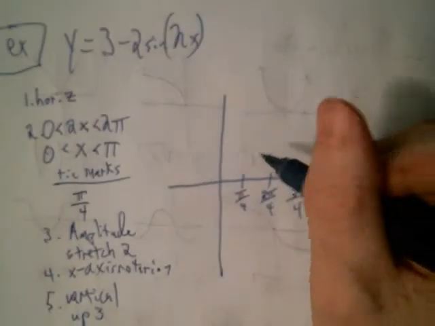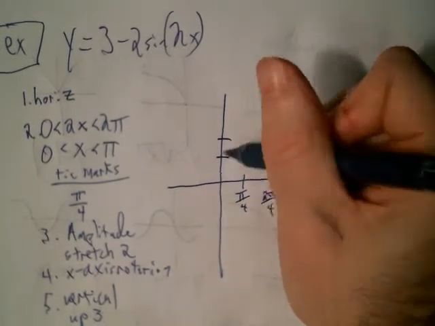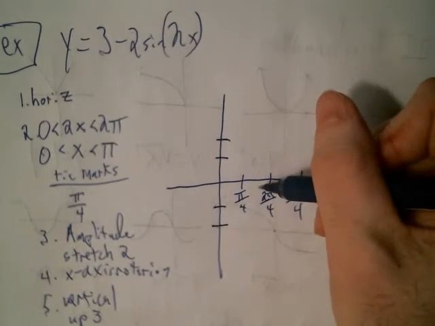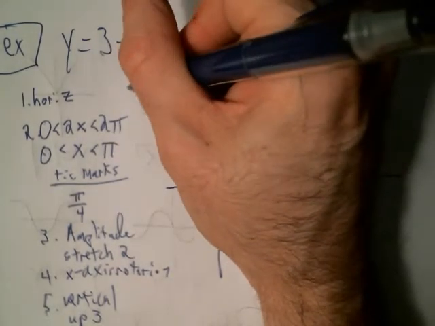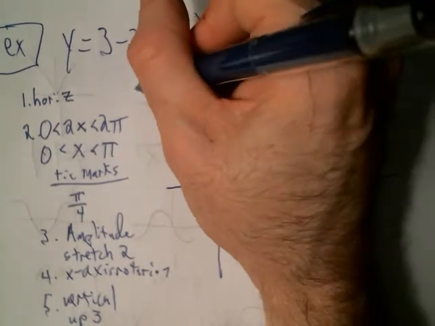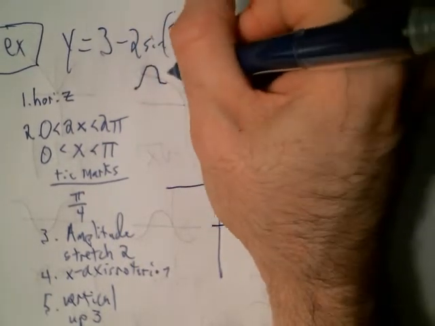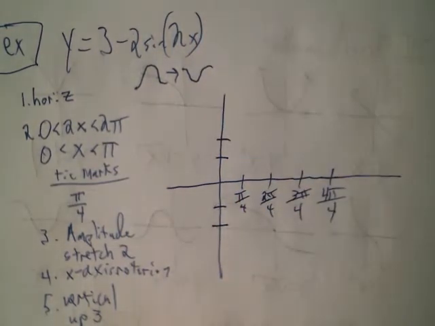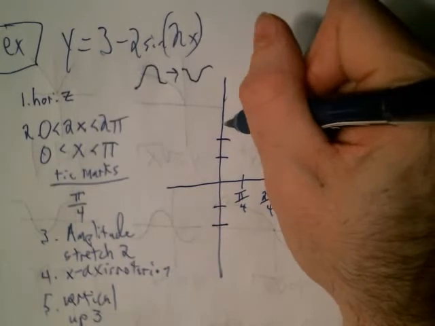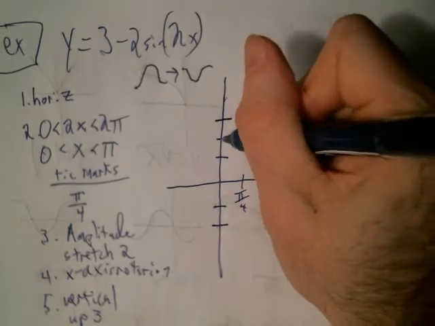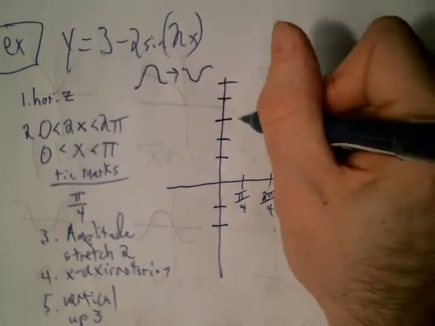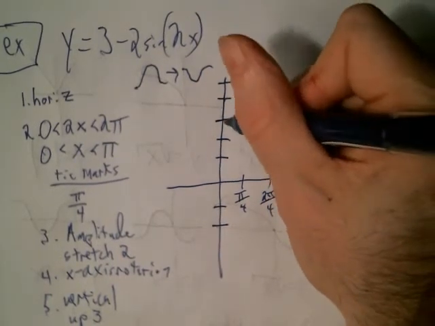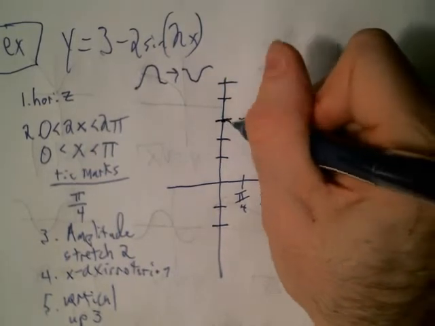Looks like the amplitude is stretched out to 2. There's an x-axis rotation, so originally it's going like this, and then it's going to flip it, so it looks like this. And then we got a vertical movement up 3, just 1, 2, 3. Okay, so we look like this.